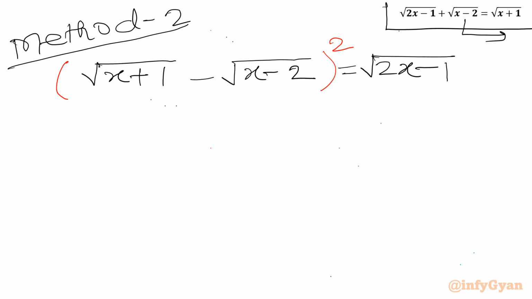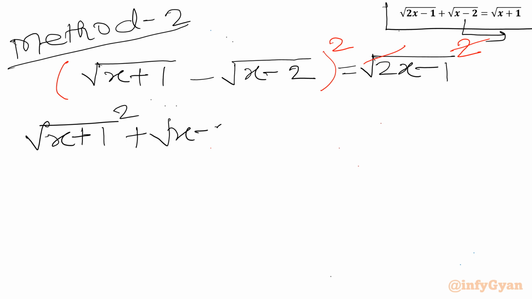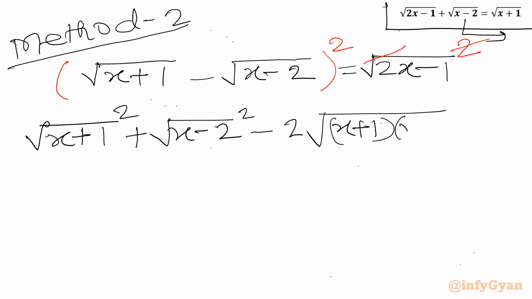So power 2, square root and square will be over. Now I can write square root x plus 1 whole square plus square root x minus 2 whole square minus 2 times square root x plus 1 times x minus 2 equal to 2x minus 1.